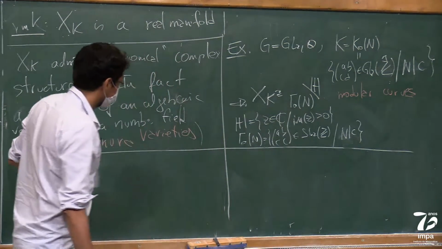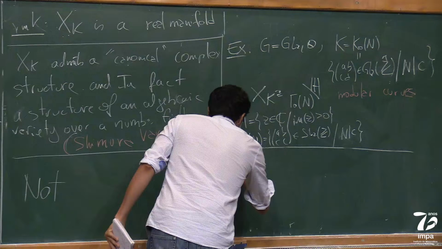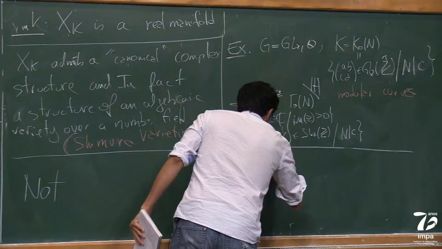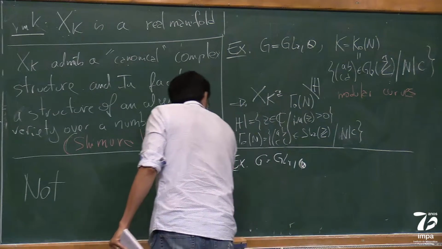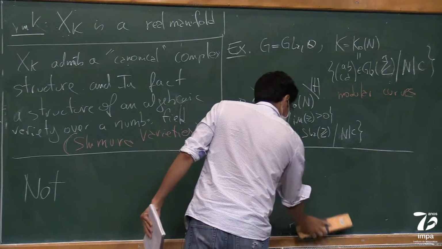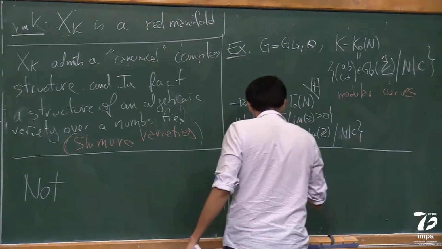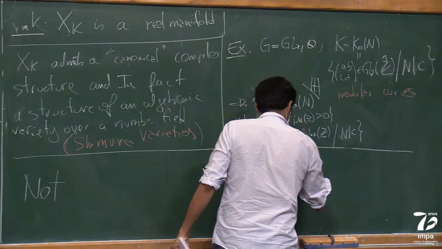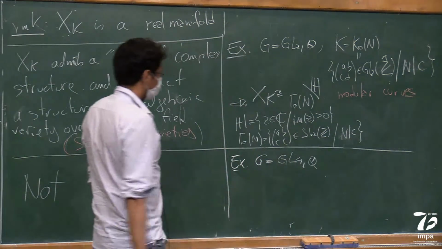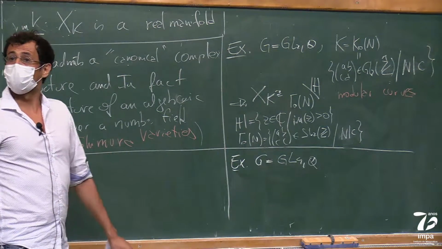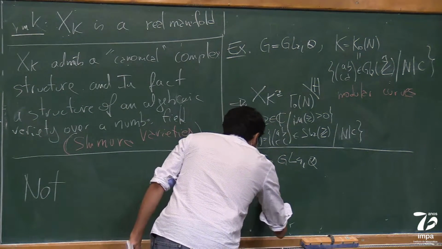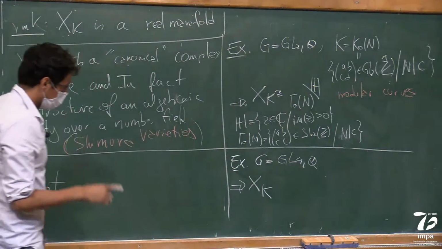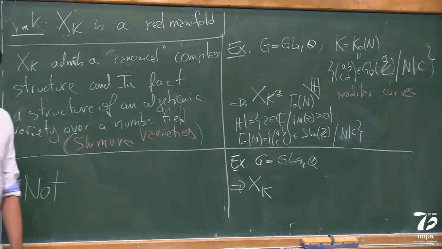An example on the second side is, for example, if you take G equal to GL4 over Q. Okay? GL4 over Q. You take any open compact K, and if you look at this arithmetic manifold, you will see that it has real dimension 9.